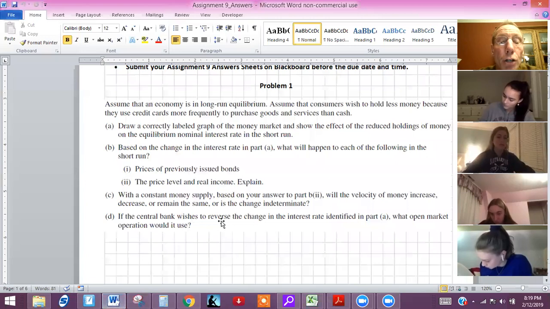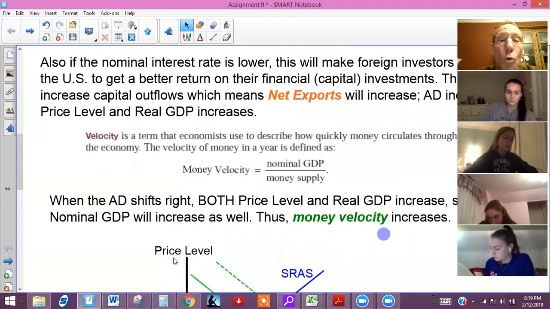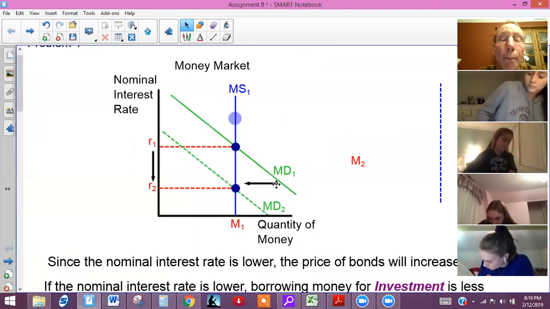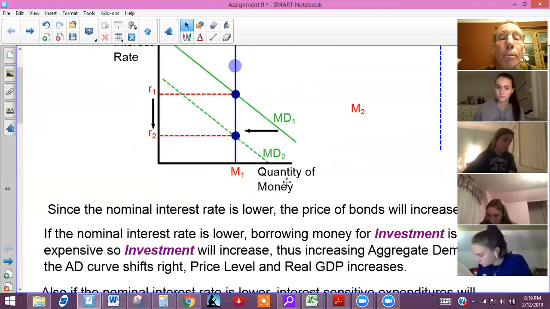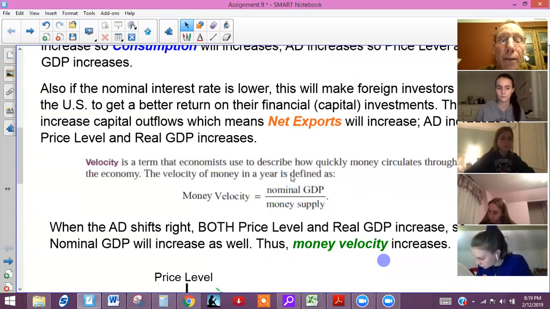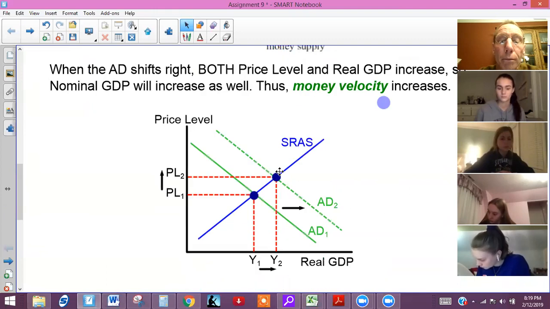If the central bank wishes to reverse the change, so what was the change? The change was that interest rates went down. So if the central bank wants to reverse that and get interest rates to go back up, they control the money supply. The Federal Reserve is the U.S. central bank, and they control the money supply.